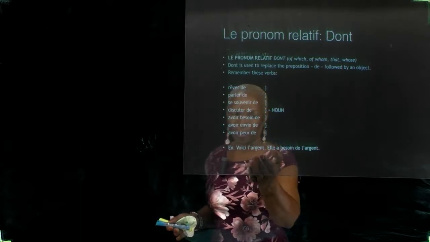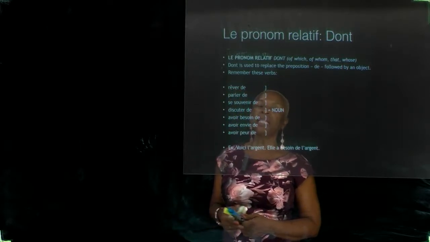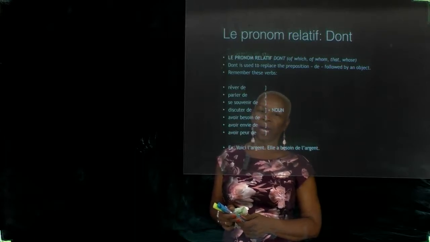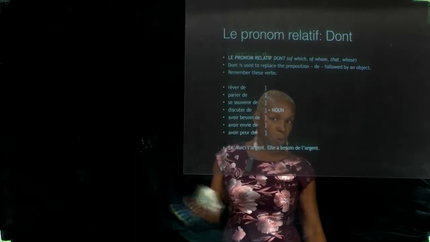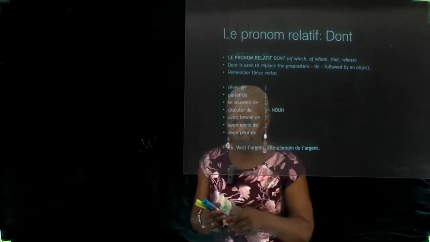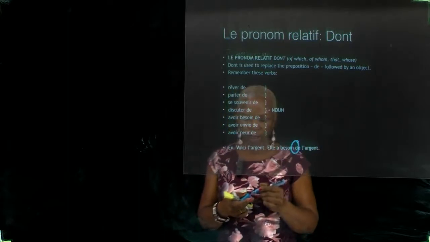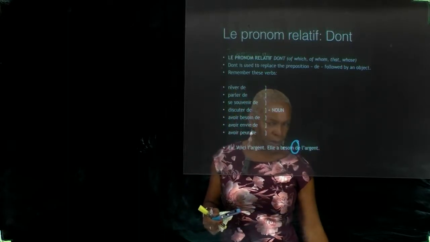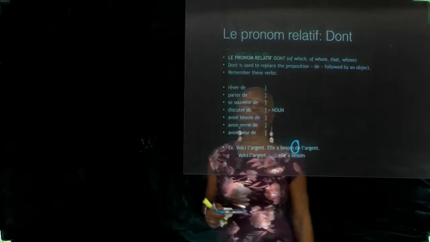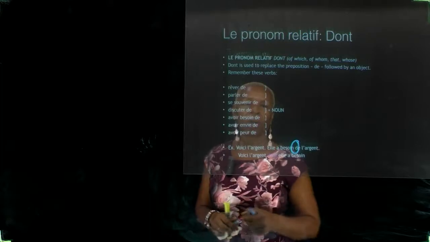Voici l'argent. Elle a besoin de l'argent. Here's the money. She needs this money. Okay? So how are we going to make one sentence with that? Okay? So this de, we're going to incorporate it in the dont. Look at the magic. Voici l'argent dont elle a besoin. Okay? And look at the word order.